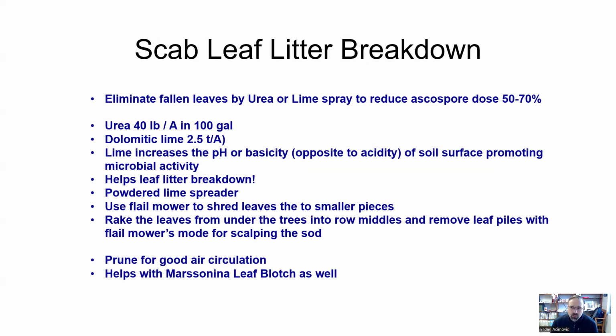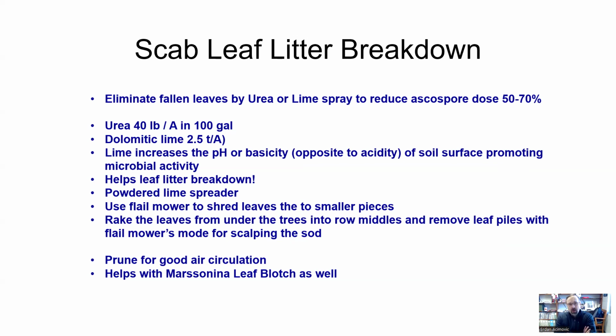Of course, this is just one of many management practices you can apply, because even the remaining 30 to 50% is enough to cause a lot of infections. But at least by applying urea or lime and reducing the ascospore dose, you are allowing your fungicides to be more effective. Usually the rate that we apply at this time would be about 40 pounds of urea per acre in at least 100 gallons of water.